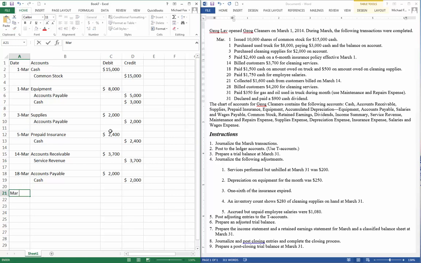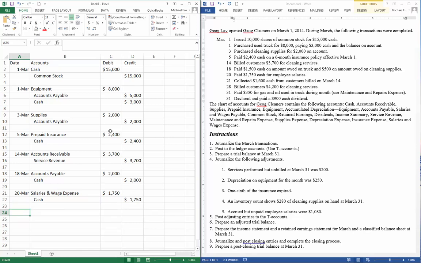On March 20th, paid $1,750 cash for employee salaries. So we'll have salaries and wage expense increasing by $1,750, and our cash decreasing by $1,750.